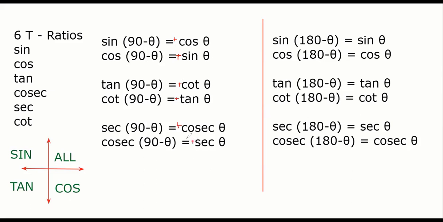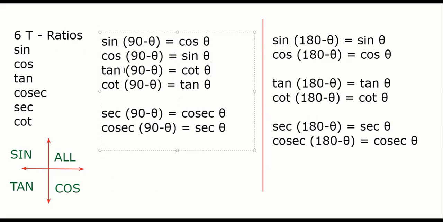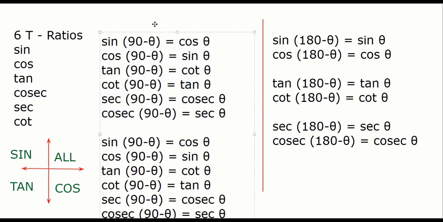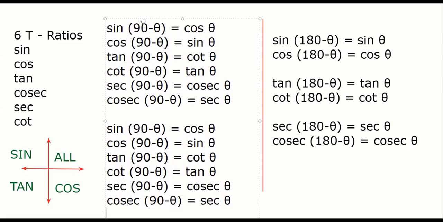But if I ask you sine 90 plus theta, let me copy it. Listen very carefully. I am telling you the golden way of remembering the concept. So no need to mug up formula.